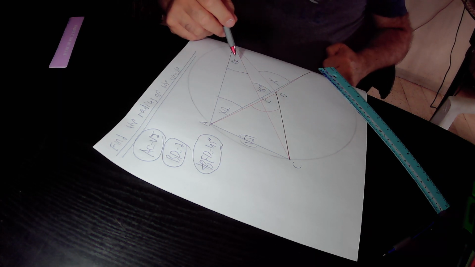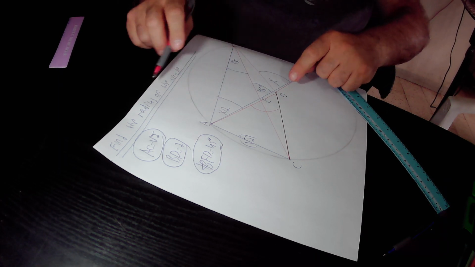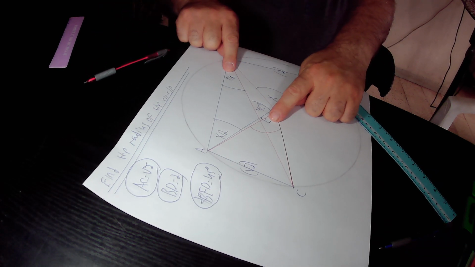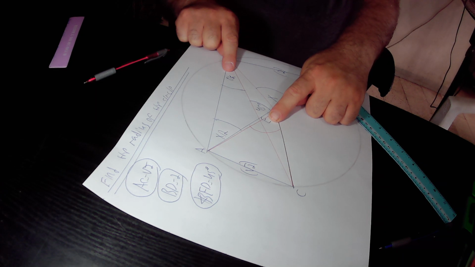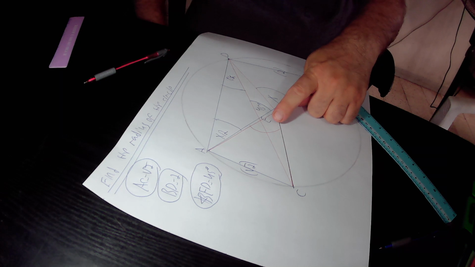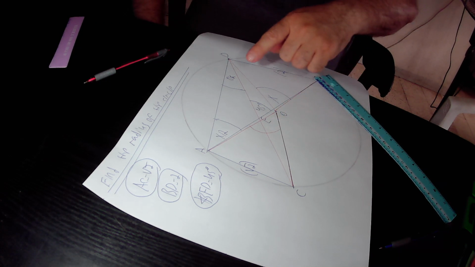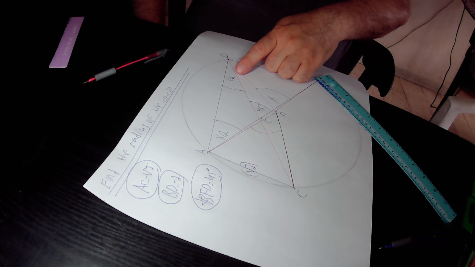It is also subtended on the same chord called AC. So those two angles are both subtended on the same chord called AC, and therefore, according to Rule 13, the size of this central angle AOC must be twice as large as this peripheral angle ADC.